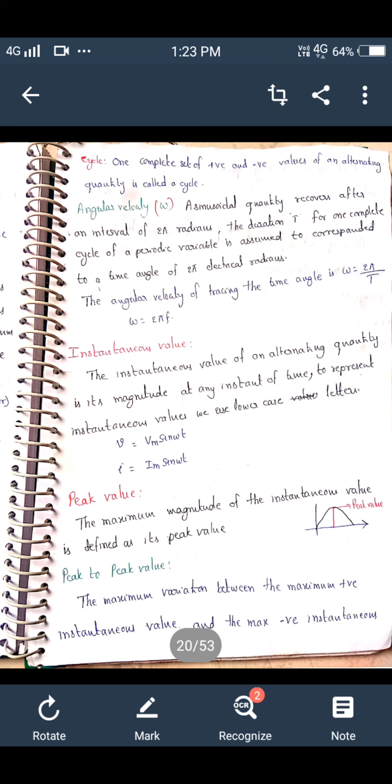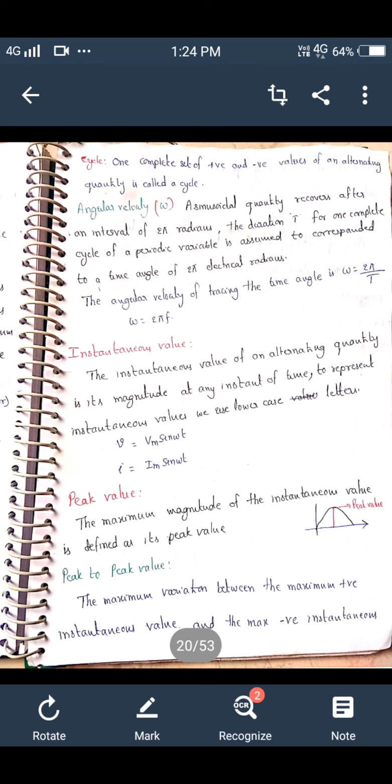Instantaneous value is always denoted with lowercase letters, because time-varying quantities are denoted with lowercase letters and time-invariant quantities with uppercase letters. For a sine wave voltage source, the instantaneous value of voltage is v equal to Vm sin omega t. If you know the maximum value Vm, we can calculate the instantaneous magnitude at any instant of time. Similarly for a current source.